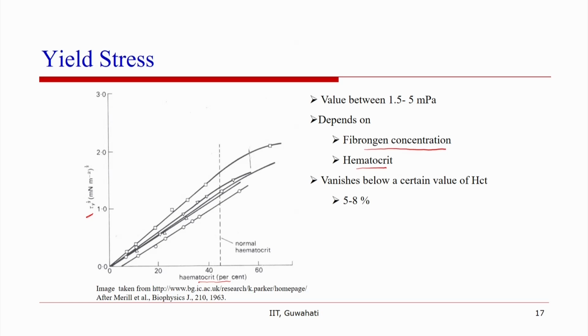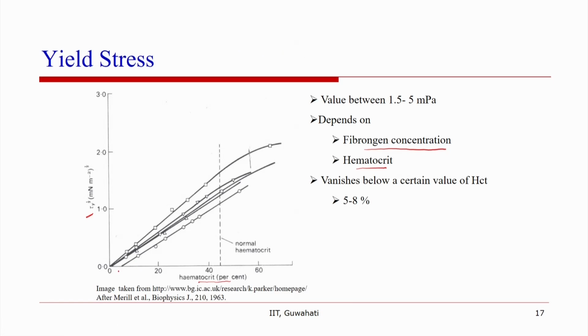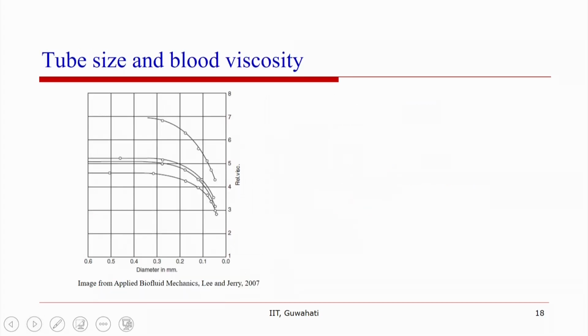Below a certain RBC volume fraction, the yield stress is 0. That value has been seen in experiments to be between 5 to 8%, below which no yield stress behavior is observed in blood.